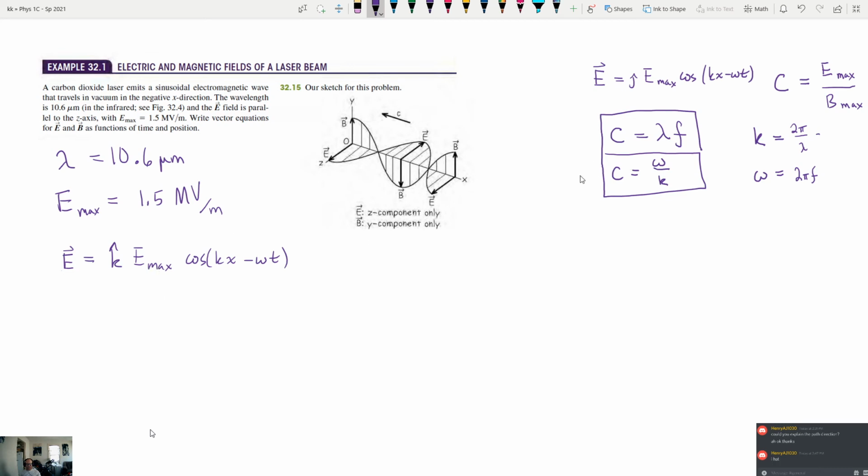So for k, we can calculate it using that equation. k is going to be equal to 2 pi divided by the wavelength, which is 10.6 times 10 to the negative 6 meters. Let's calculate what this is. This is going to give us our wave number k.